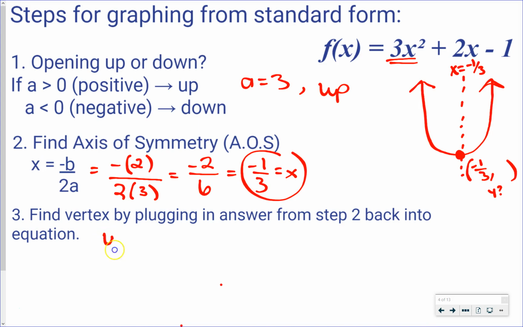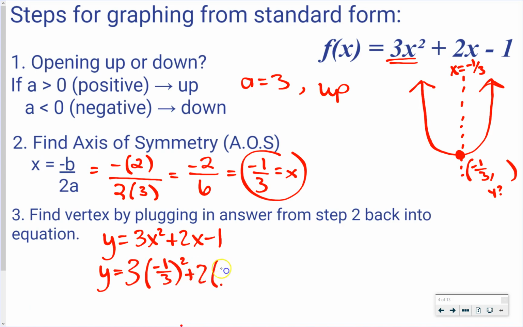So we're going to take y equals 3x squared plus 2x minus 1. And we're going to change all those x's to what we have. We know it's negative 1/3. And I should probably put a 3 right there. Here we go. 3 times negative 1/3 squared plus 2 times negative 1/3 minus 1.